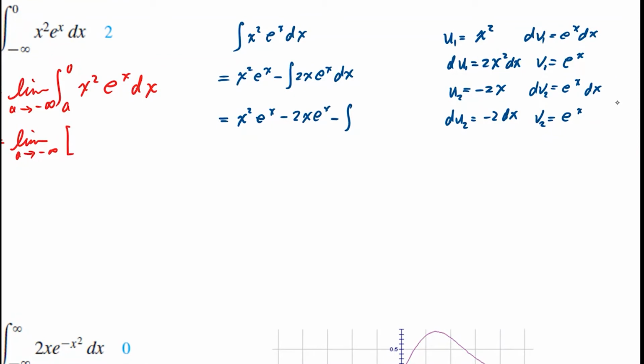So that negative sign cancels this negative sign, so we have 2 e to the x dx. And integrating it, we have x squared e to the x minus 2x e to the x plus 2 e to the x plus c. How about that? You got the integration part?